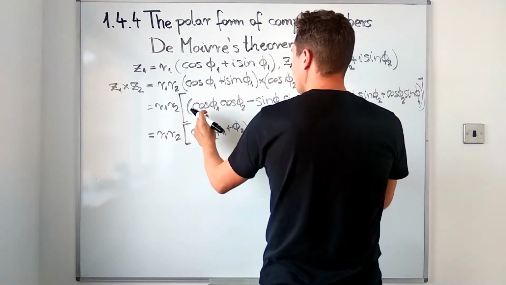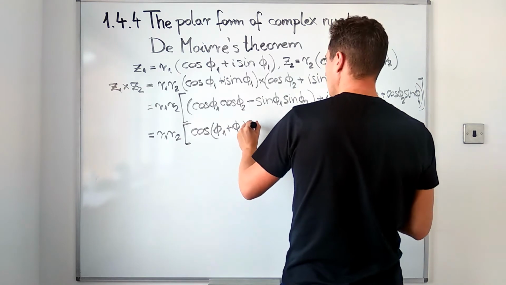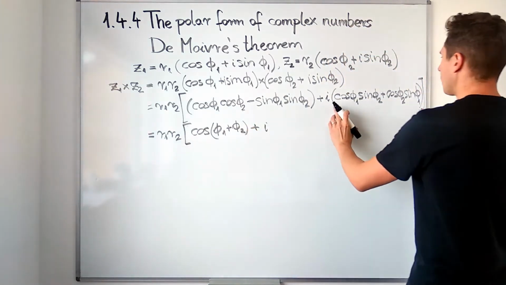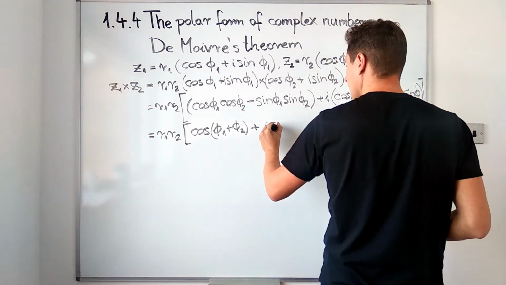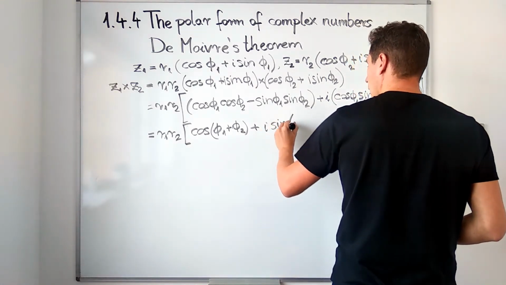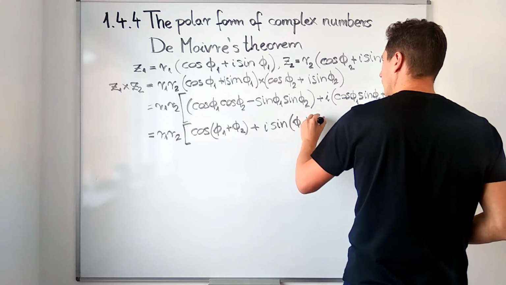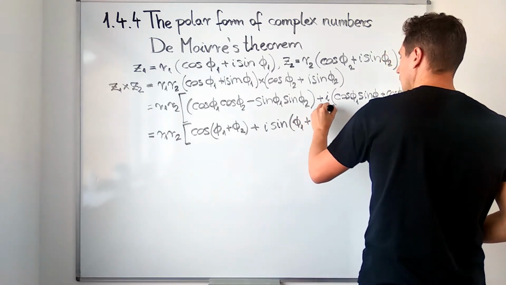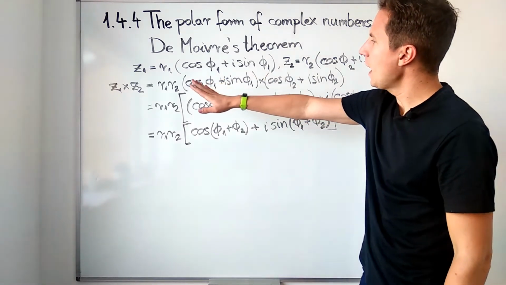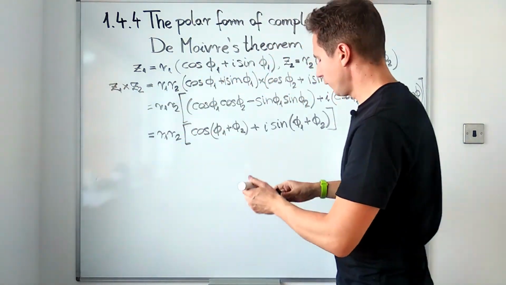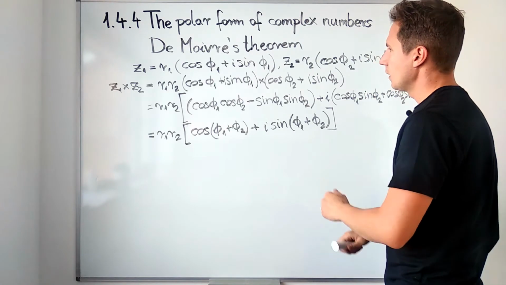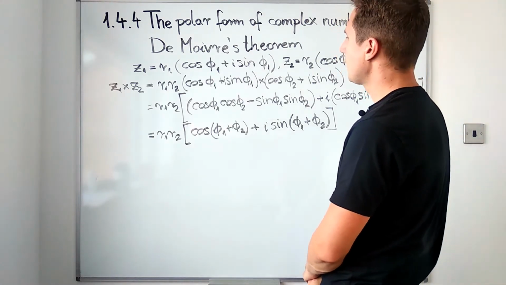So this is exactly the cosine of phi1 plus phi2 plus I times the other expression, which by the trigonometric identity is exactly the sine of the sum of our angles phi1 and phi2. So you can see what happens if we multiply complex numbers using their polar form. We can give the multiplication a very nice geometric meaning.